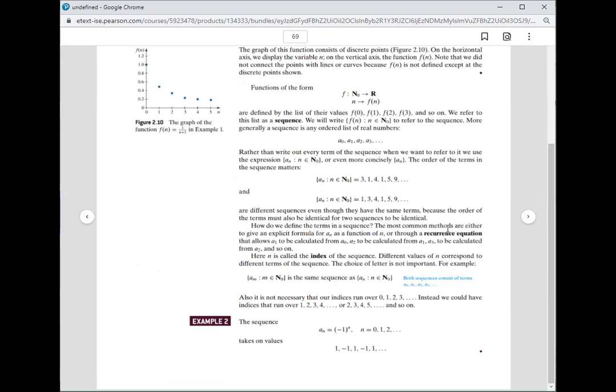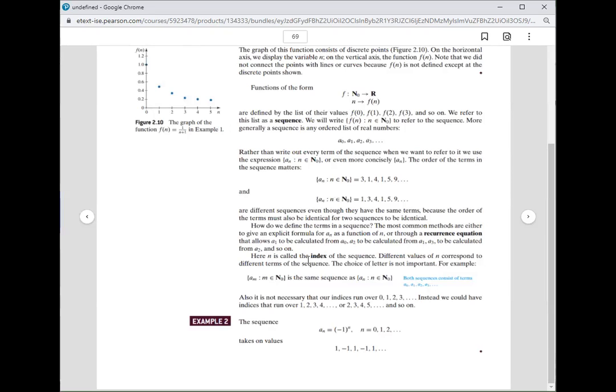The most common methods are either to give an explicit formula for a_n as a function of n, or through a recurrent equation that allows a1 to be calculated from a0, then a2 to be calculated from a1, then a3 from a2, and so on.